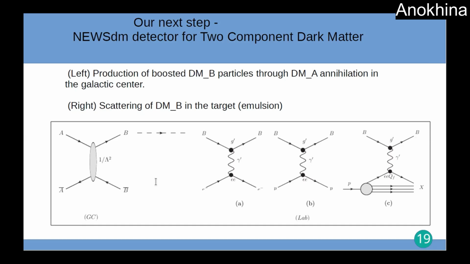And these three diagrams are the scattering of the boosted second DM component in the emulsion target. This is the scattering on the electrons, and this is the scattering on the nuclei and protons. The energy of this boosted dark matter may be very high, and the process of deep inelastic scattering in the emulsion will be considered.